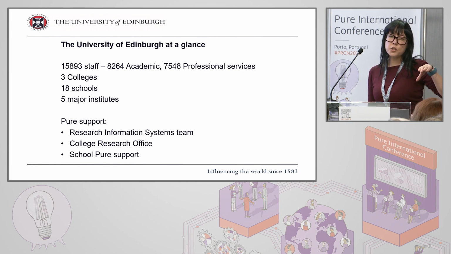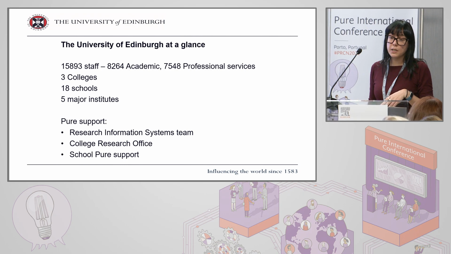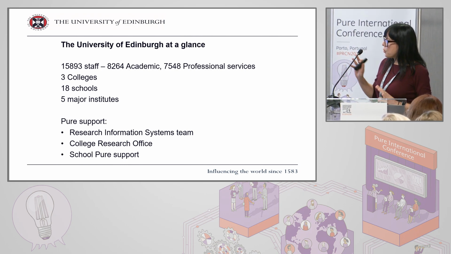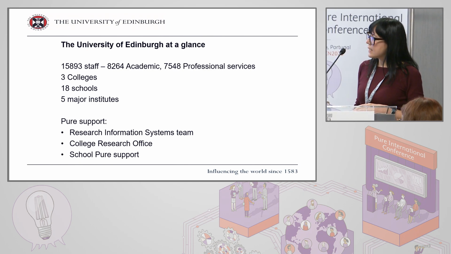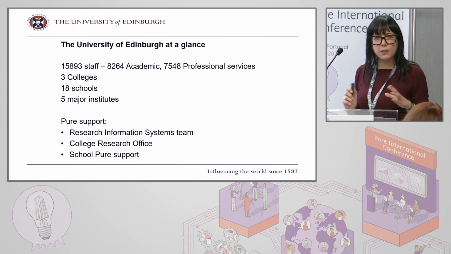So when queries come in, they usually go first to the school level, and if they can't be solved at that level, they are escalated to the college, and if they can't be solved at a college level, they are escalated to the university level, so to the peer team. So as you can see, there's support at different levels, which means that traditionally there have been different processes and procedures across the university.